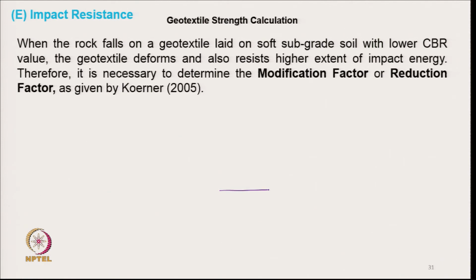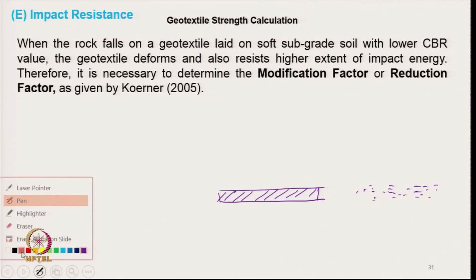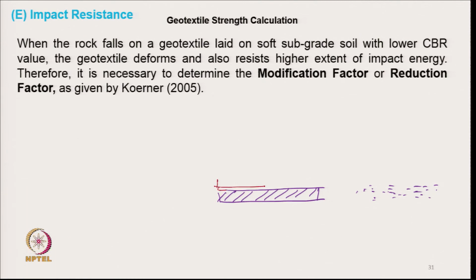Let us see, one is a very hard surface, another is a very soft surface, and we are laying geotextile on it. Suppose one sharp object is falling here and another sharp object is falling here.